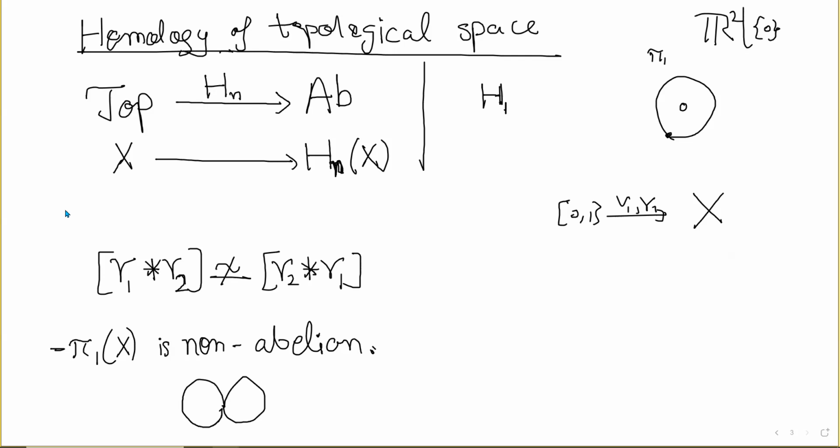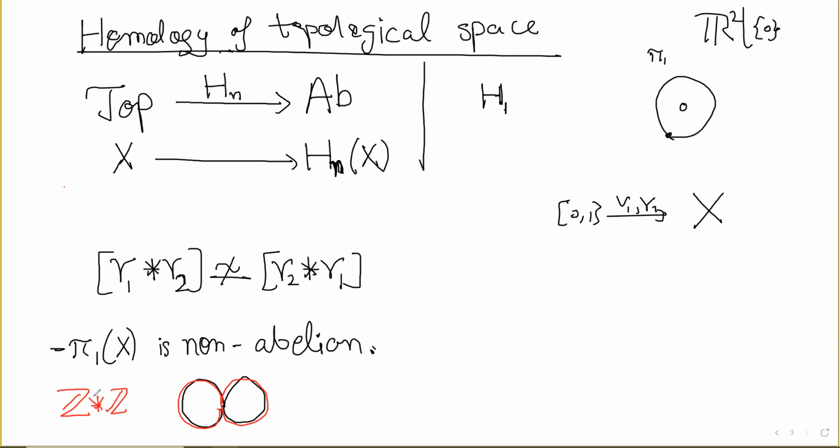If you go via this loop and then via this, and if you go the other way, then they are not homotopic. You can try to prove this and see whether you find it difficult or not.